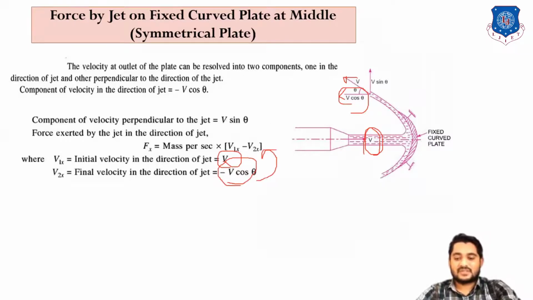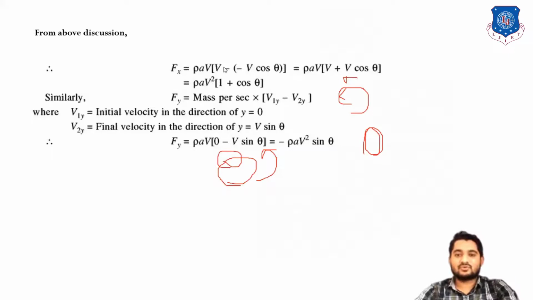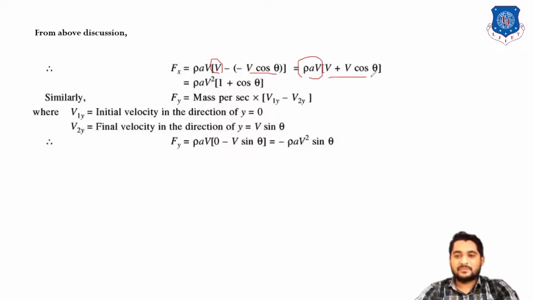So here Fx is equal to rho A V, that is mass flow rate, times v1x which is v, minus v2x which is minus v cos theta, that means rho A V times v plus v cos theta. If we take v as common, so rho A V square (1 plus cos theta). This is force exerted by jet in x direction.